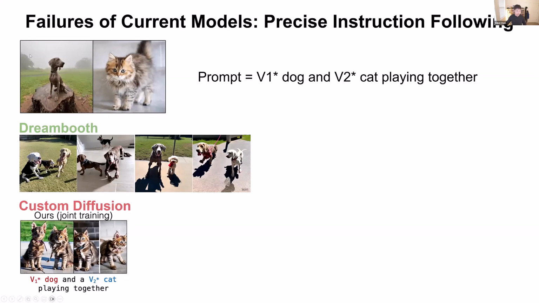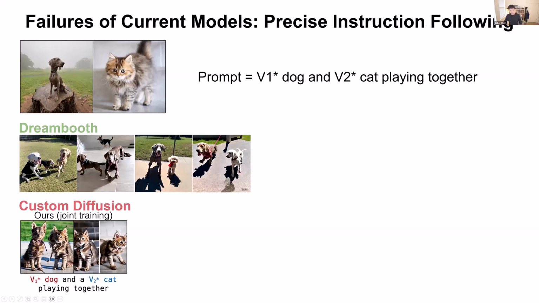Here we have one dog, and we have a particular cat, and we want to generate the combination of these two objects in the same scene. As you can see, when we use DreamBooth, the generated image is not quite right. There are three dogs rather than a dog and a particular cat, right? So there's no cat in this case. And the other images are similar: two dogs, another two dogs.